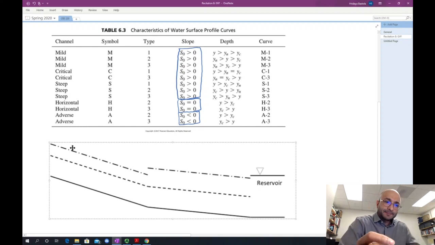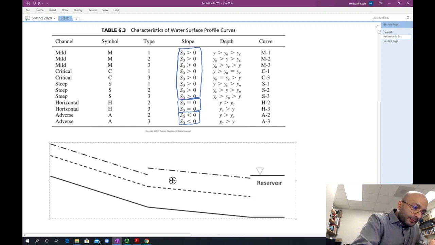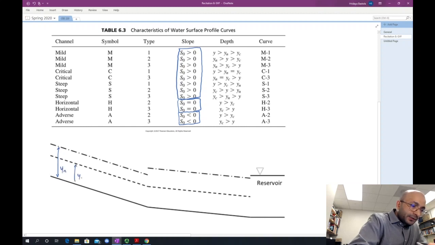So in this case, we have both mild channels, looks like. So this is your normal depth, that's your critical depth, and that's critical depth line and normal depth line.